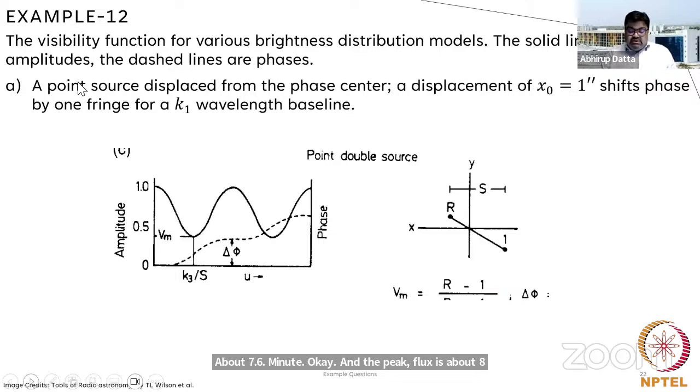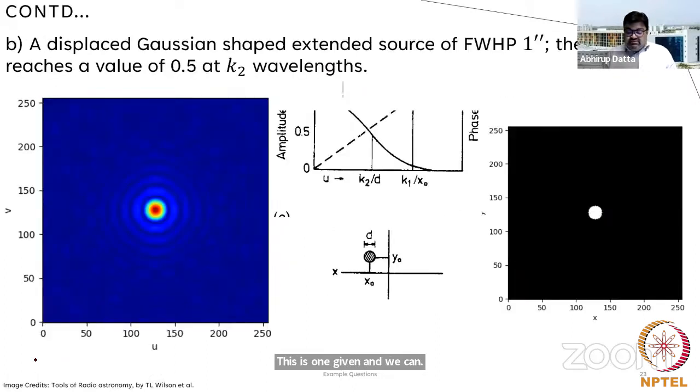Here are the visibility functions for various brightness distribution models. Solid lines are amplitude, and dashed lines are the phases. This is what is given, and you can take a look. We have done it also: Gaussian, displaced Gaussian, shape extended.